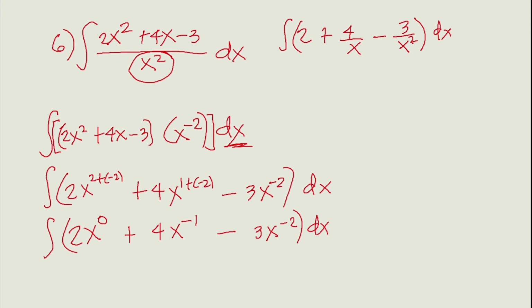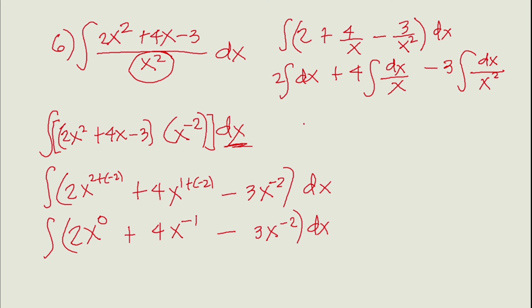So now we could take the integral of this. So integral of 2 dx, move immediately, plus 4 integral of dx over x, minus 3 integral of dx over x squared.